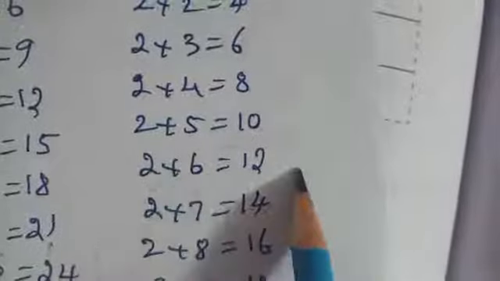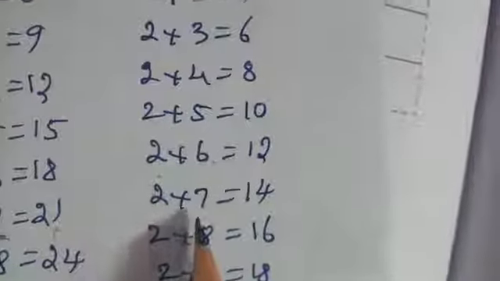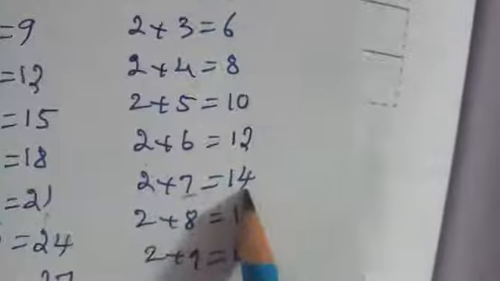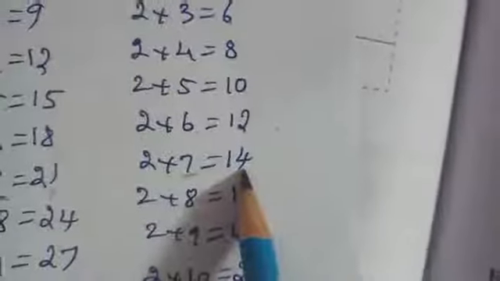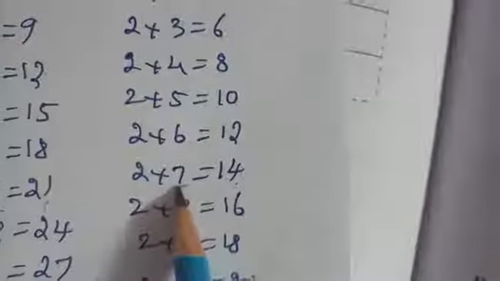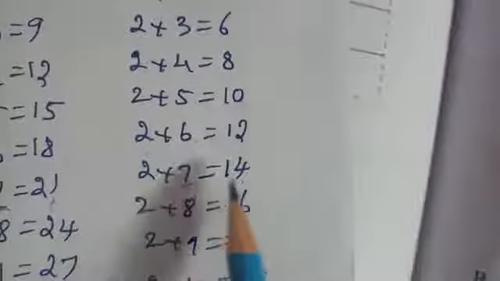Answer we can say, or we can say it is a quotient. 2 ones are 2, 2 twos are 4, 2 threes are 6, 2 fours are 8, 2 fives are 10, 2 sixes are 12, 2 sevens are 14. Which place? If we divide 14 by 2, it will come 7. Take and write 7 here.